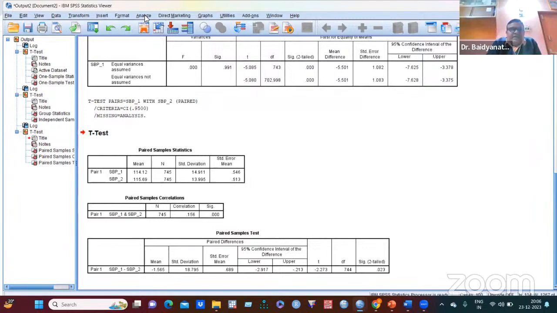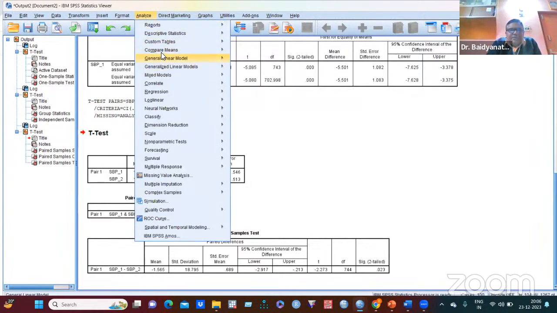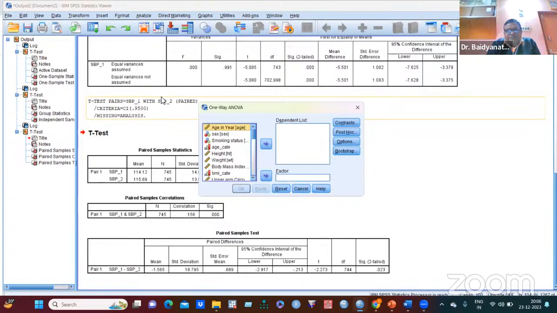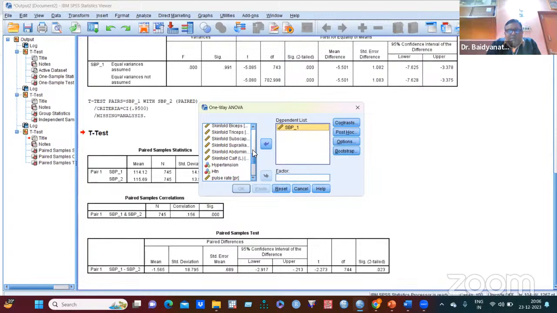Again here, we just compare means. So again I put here my target variable, systolic blood pressure, and BMI. If we consider the BMI category, there are 3 categories.